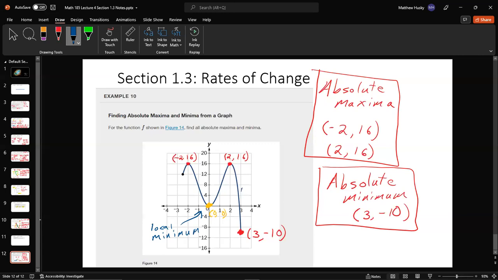And the other thing I'll point out, the absolute max is itself a local max. If you look at just this general neighborhood for this bump, that is the local max there as well, but it's also an absolute max of that graph. All right, so anyway, that is the end of section 1.3.